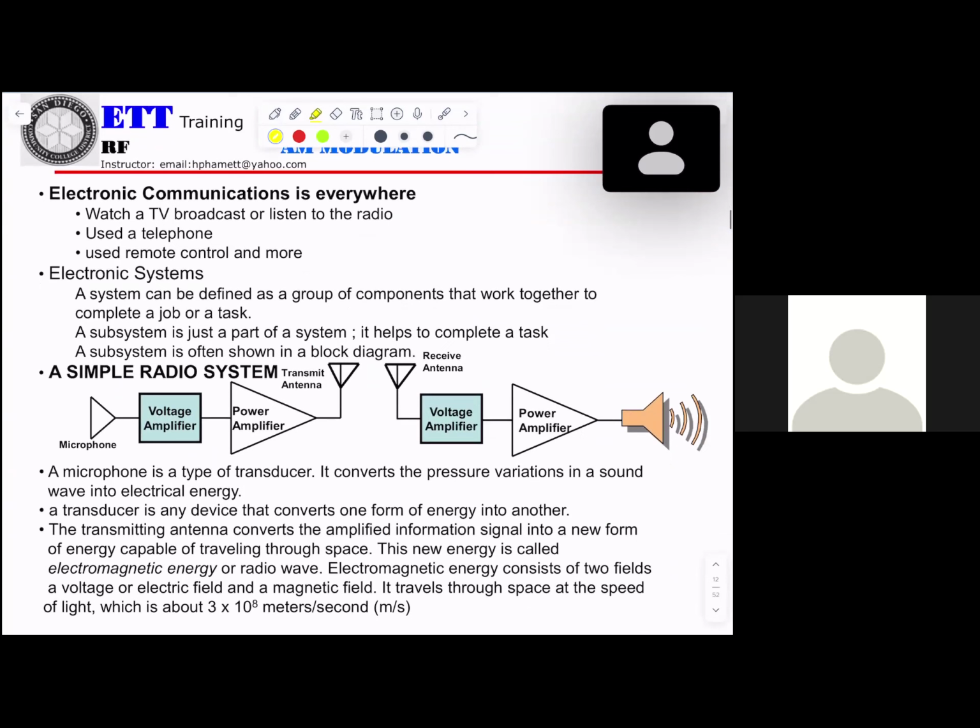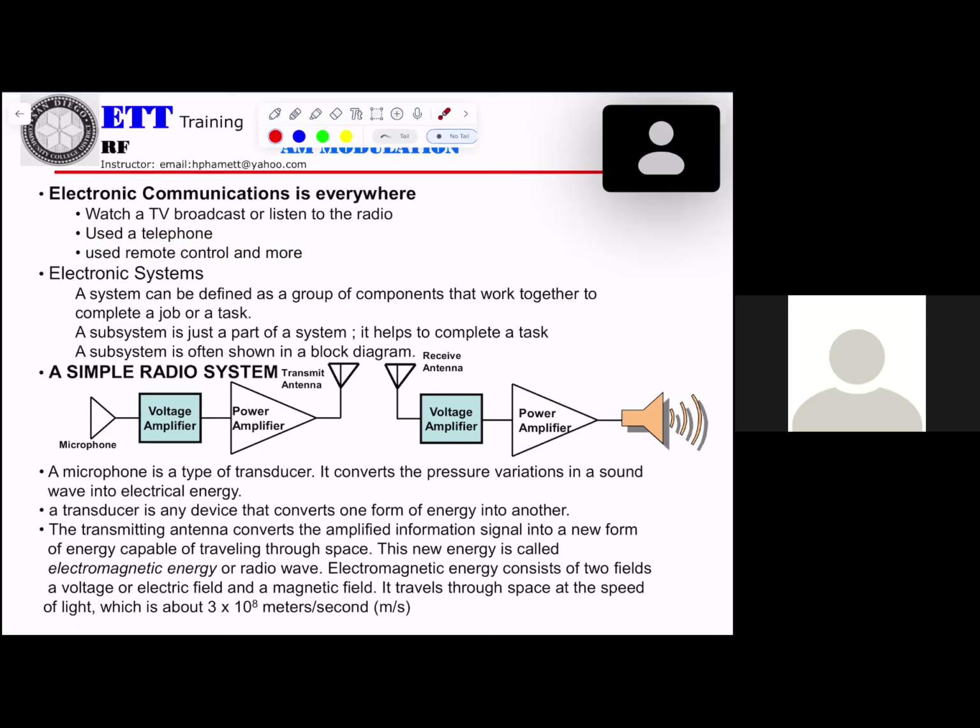Electronic communication is everywhere. Whether you watch TV broadcasts, listen to the radio, use a telephone, use a remote control, and more.